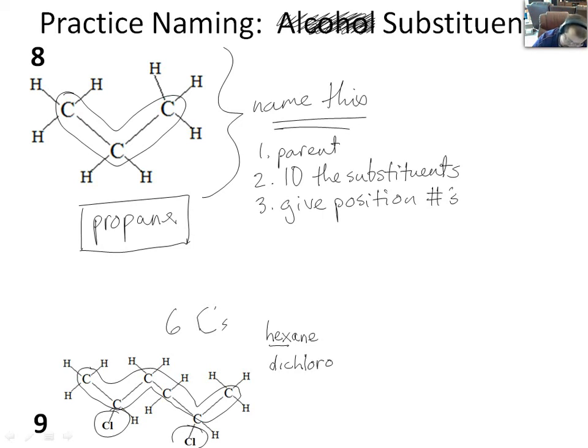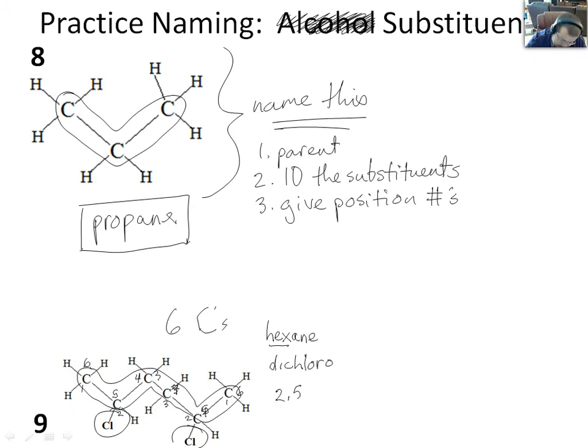And now we have to decide on position numbers. If I number from right to left, I've got 1, 2, 3, 4, 5, and 6. If I number left to right, I get 1, 2, 3, 4, 5, 6. So in numbering left to right, I get position numbers of 2, 5.